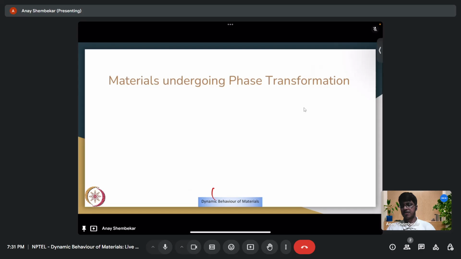So the next part was related to how materials undergo phase transformation, rather what happens from a materials point of view when we talk about phase transformation. So we'll take two cases, very popular ones.